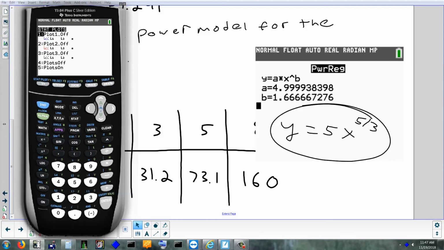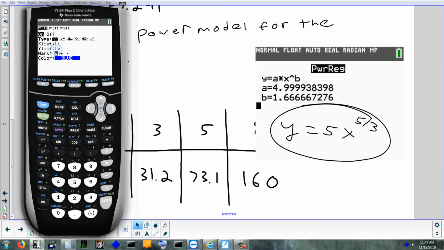So once you press second stat plot, hit enter on plot 1. Okay. What I want to do is I want to turn it on. So it's actually going to put these as dots on the screen. Now I can change it. I can make it like a line graph or a bar graph or a box and whisker plot. Don't worry about the type. The first type is fine.